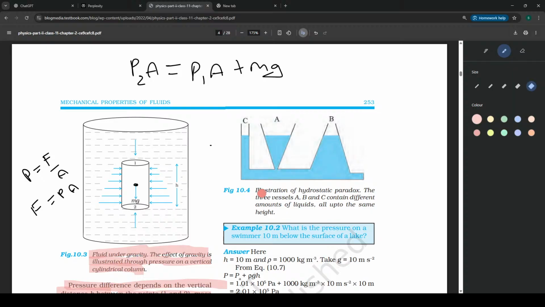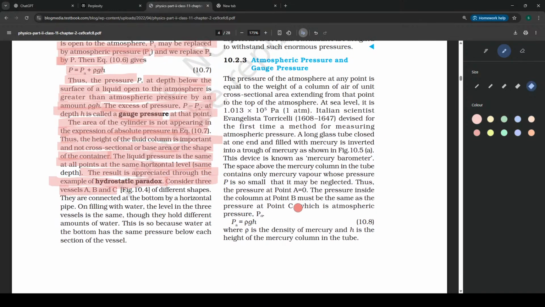These are the three vessels. Illustration of a hydrostatic paradox. The three vessels A, B, and C contain different amounts of liquid, but all up to the same height. Consider three vessels A, B, C of different shapes. They are connected at the bottom by a horizontal pipe.